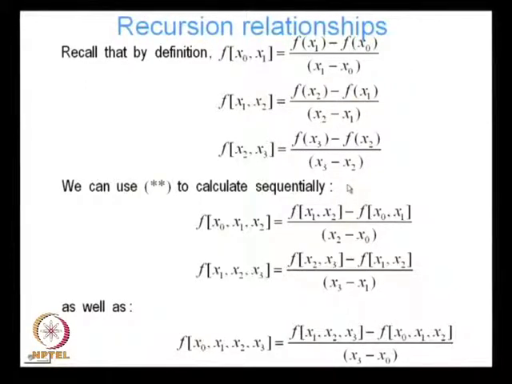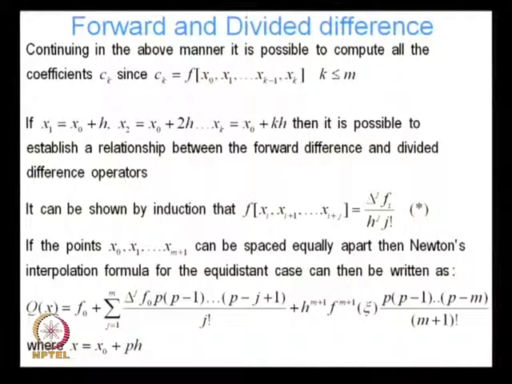And if you code it in a computer, this can be done in a fraction of a second. So continuing in the above manner, it is possible to compute all the coefficients c_k, since we know c_k is equal to this, for k less than or equal to m.